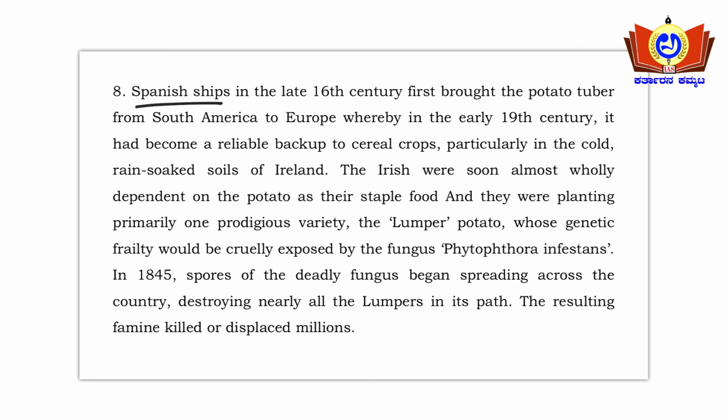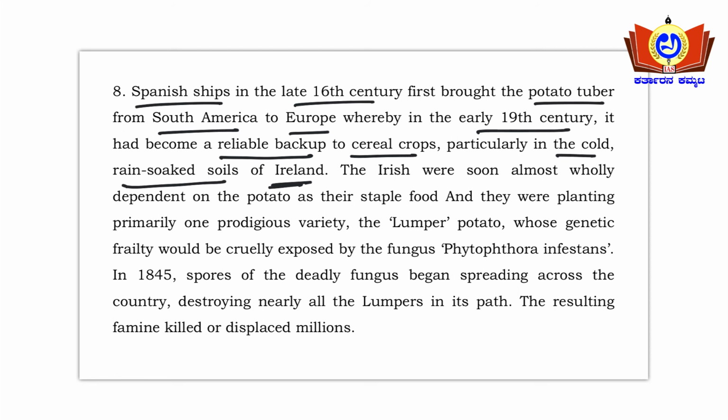Spanish ships in the late 16th century first brought potato tuber from South America to Europe, whereby in the early 19th century it had become a reliable backup to cereal crops, particularly in the cold, rain-soaked soils of Ireland.